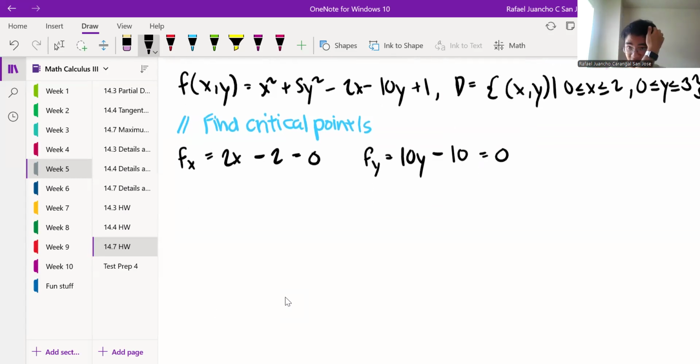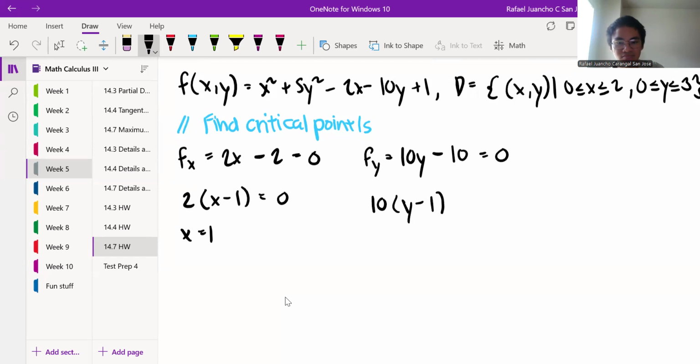And then from there, we can solve for each of these. So we get 2x minus 2 is 0, so x is 1, right? Here we factor out the 10, and then we see y is 1.